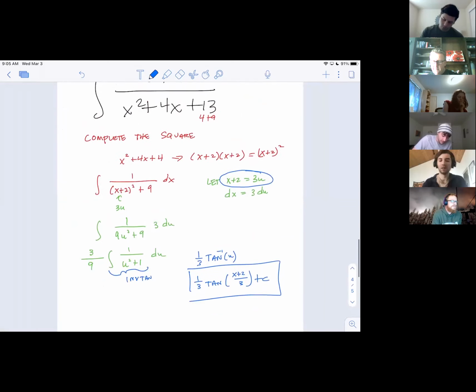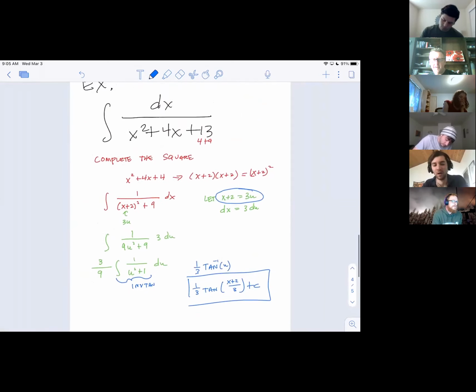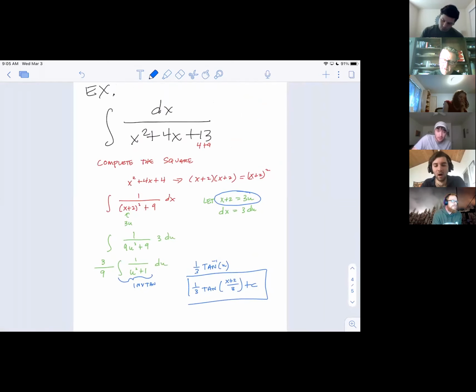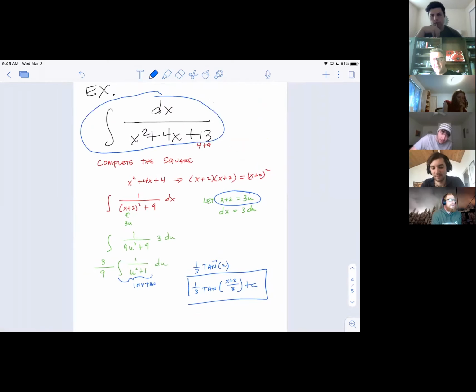Wow. Notice how ridiculously different it looks. Don't forget what this problem started as. It started as that. It's like the area under an inverse parabola. Like it's not a parabola, it's a parabola upside down. So that's going to create kind of a crazy graph. And somehow the area under that curve is based on inverse tangent. I forgot the inverse.